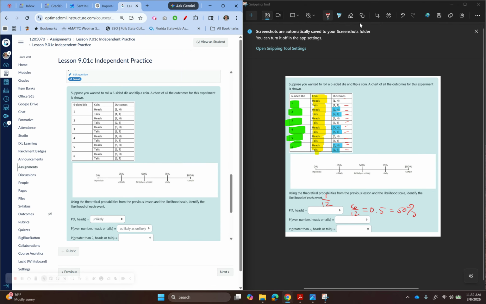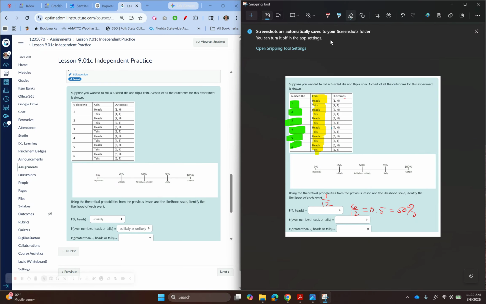And then the last one that I'm going to do here, let me erase this, okay? What I'm going to do now is look for the probability that I roll a die greater than 2. So I'm going to highlight all the ones that are greater than 2. So all of these parentheses I'm highlighting in blue. The first number is bigger than 2. And then the second, when I flip the coin, I get heads or tails, which is everything that I highlighted.